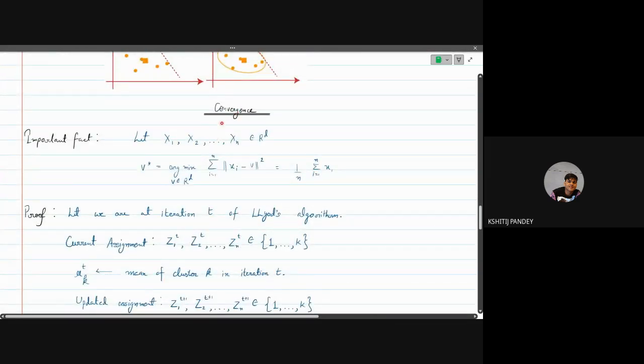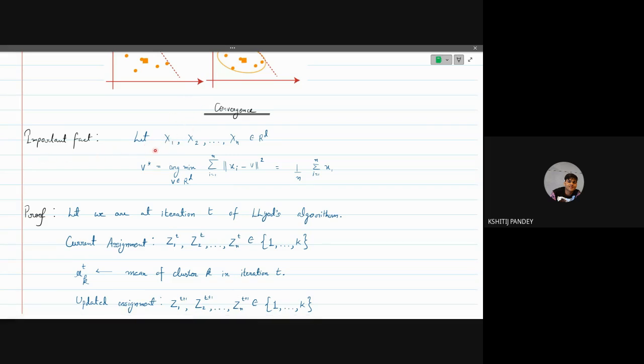Before discussing the proof of convergence, we have to keep in mind one important fact. Let's say you have x1 to xn, these are your data points.